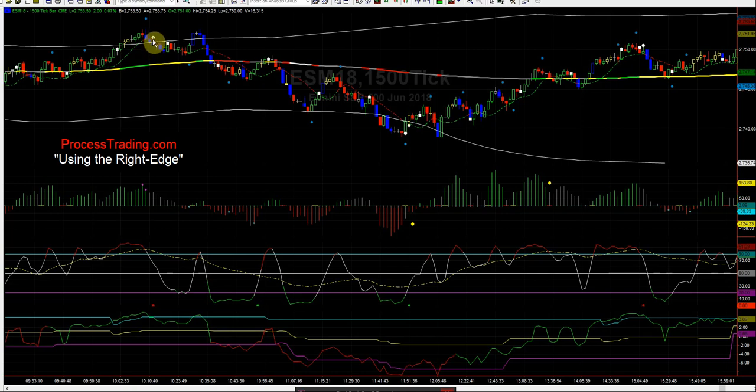Right here, there was a trend alert dot that says a possible trend, in this case a downtrend, could be initiated at this point.